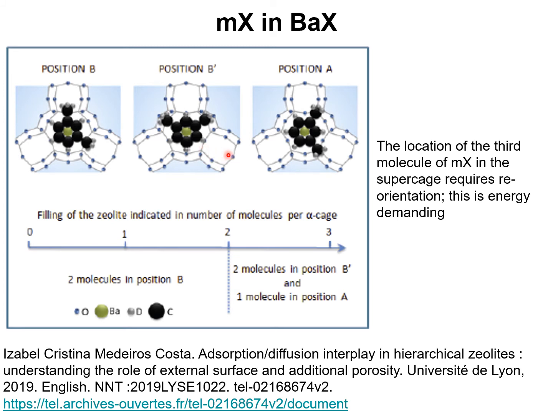But the location of a third molecule within the alpha cage is energy demanding because it requires a reorientation of the meta-isomer. The same is true for the ortho-isomer.